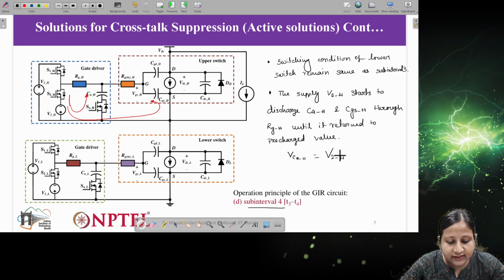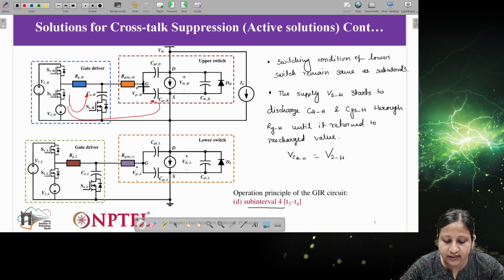So in this step, what is happening? The lower switch will be operating in the same condition as in subinterval 3, but the upper switch capacitance will go back to the pre-charged condition. Similarly, the gate capacitance CGSH will also have some voltage due to the current flowing through it, so it will also go back to the previous condition, so that it will be ready for the next cycle.